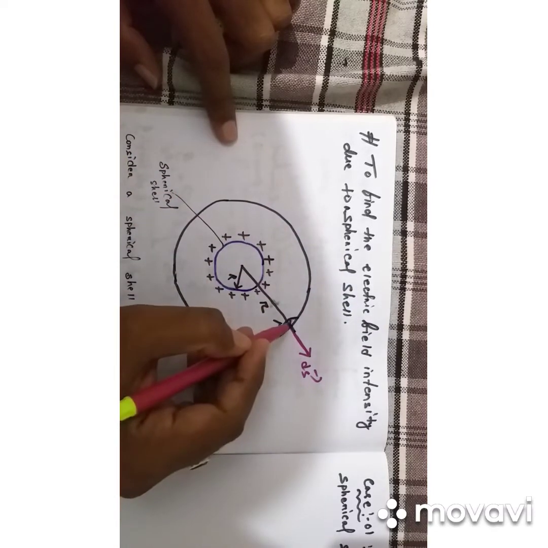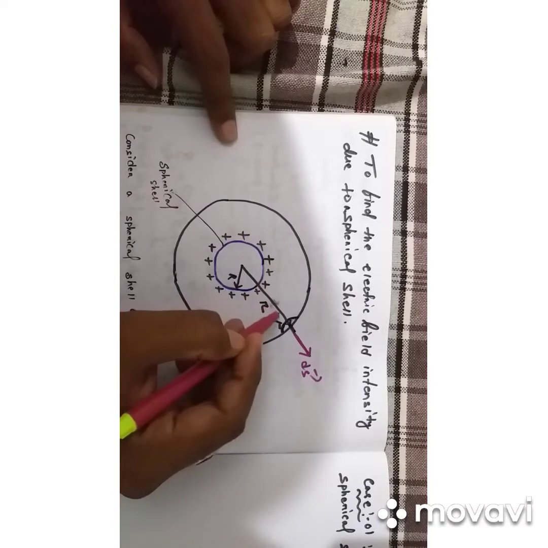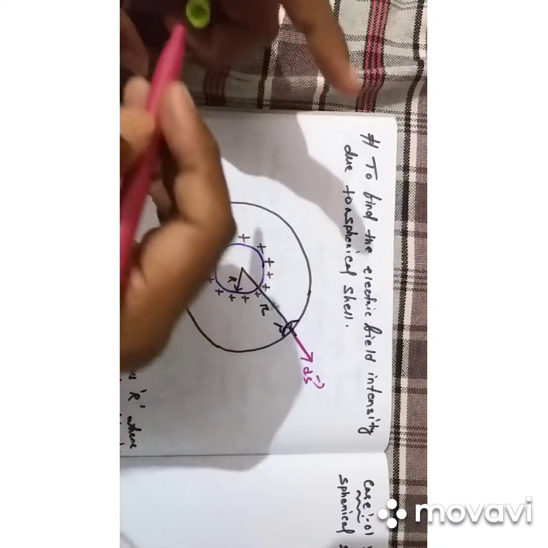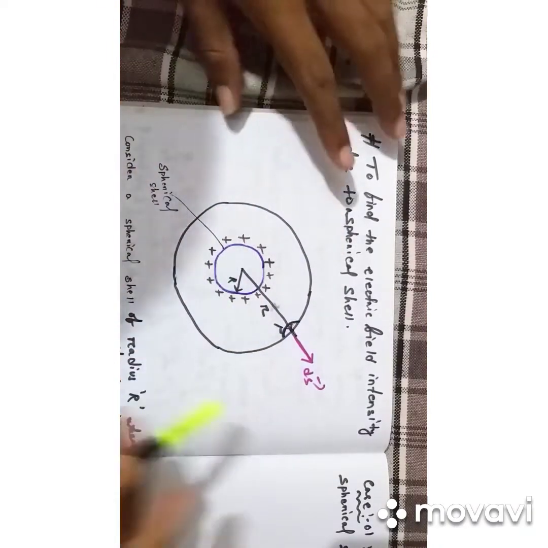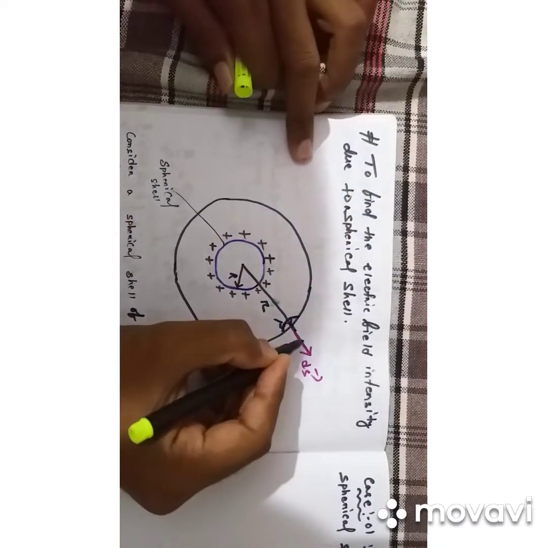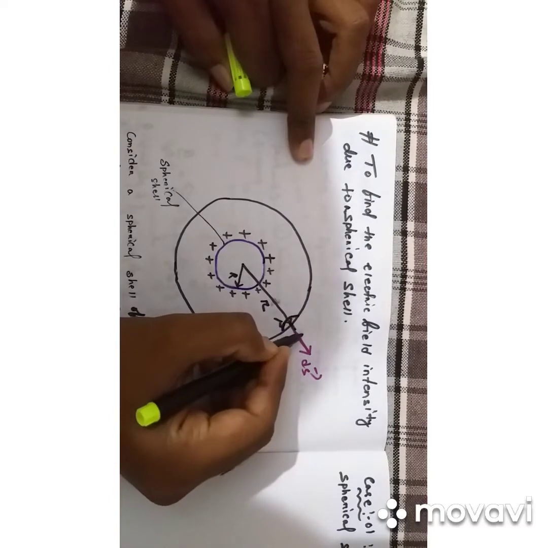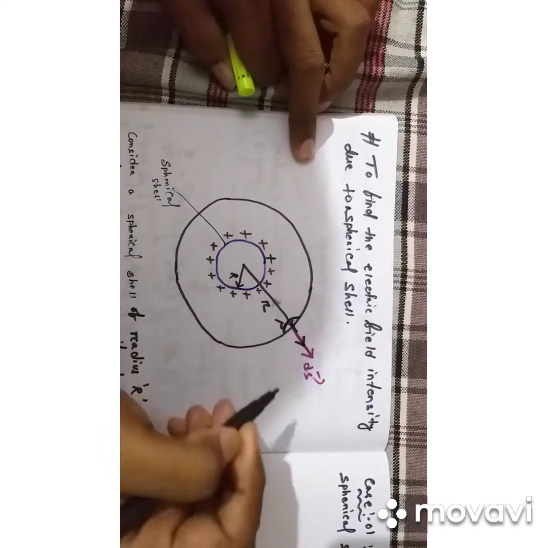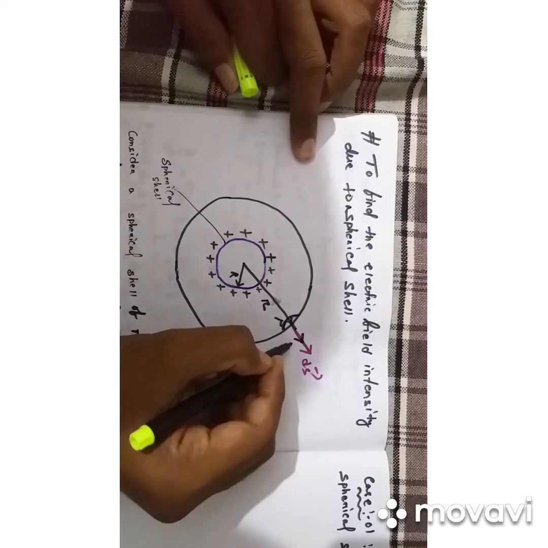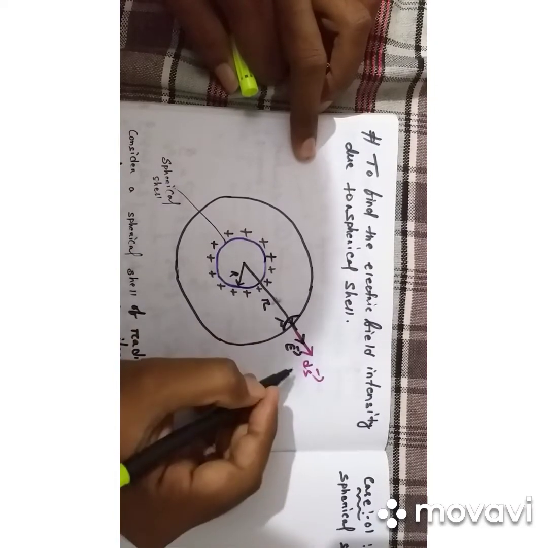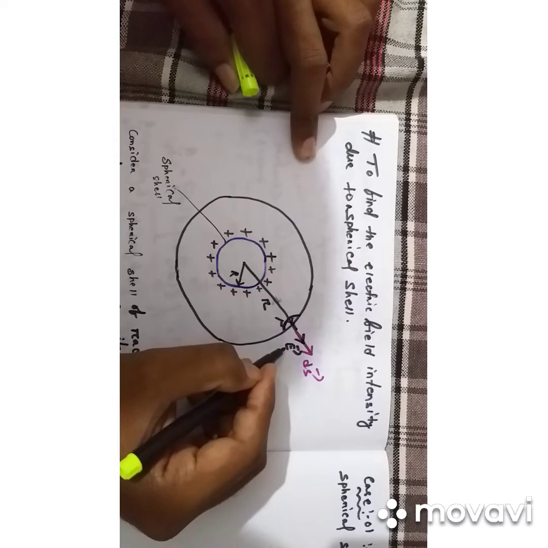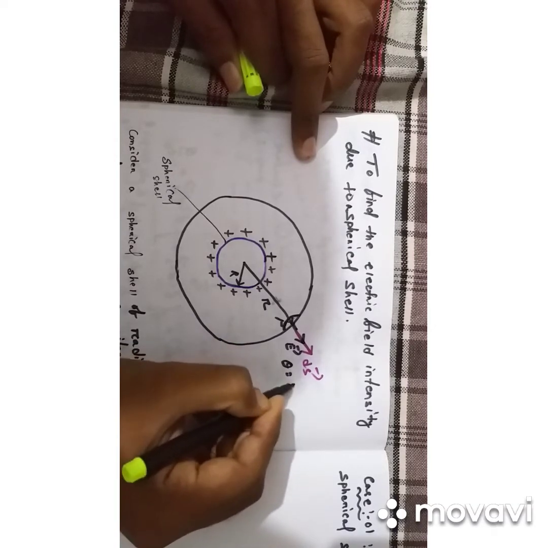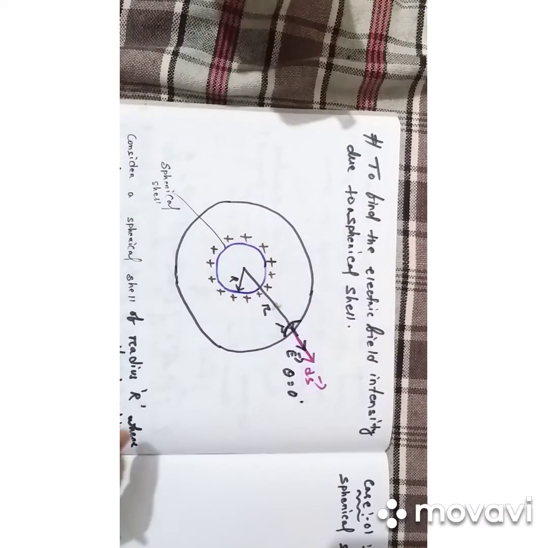So the electric field intensity is moving radially outward, and the area vector is in the same direction as the electric field intensity. So the angle between the electric field intensity and the area vector is theta equal to what? 0 degree.